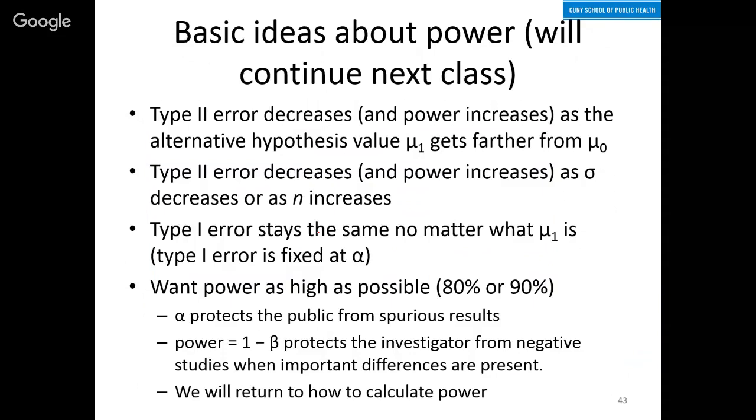That type 2 error goes down again if your variability decreases. So for the same difference in means, if there's less sampling variability or less variability in the population, again, it becomes easier to distinguish between those means. And that can happen either because there's less variability in the population or your sample size increases. Either of those will decrease your standard error.